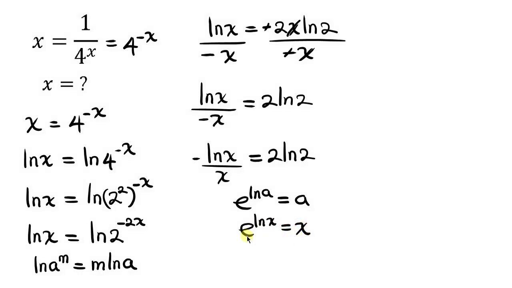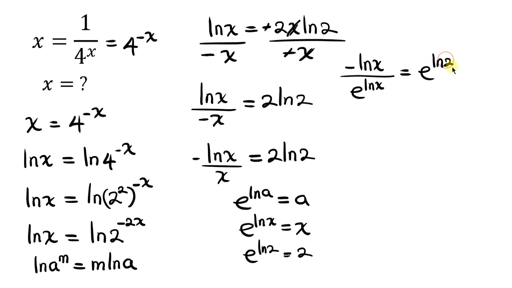I want to apply this to this x and also apply it to this 2, because this 2 can be written as e to the ln of 2, which results to 2. So this becomes negative ln of x all over, now for x, I'll be writing e to the ln of x, equal to, now for the right hand side, this 2 can be written as e to the ln 2, times ln 2.